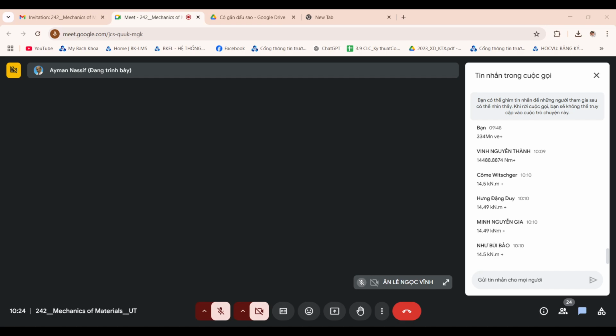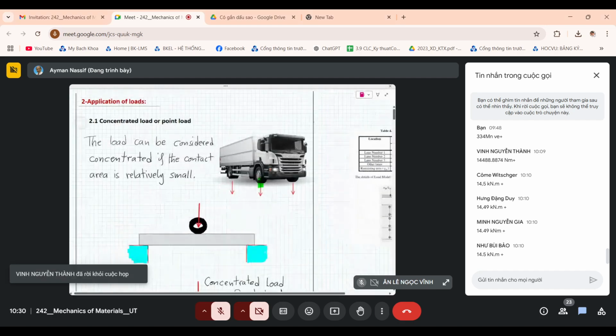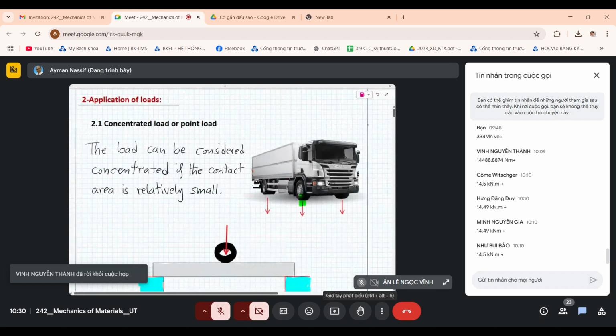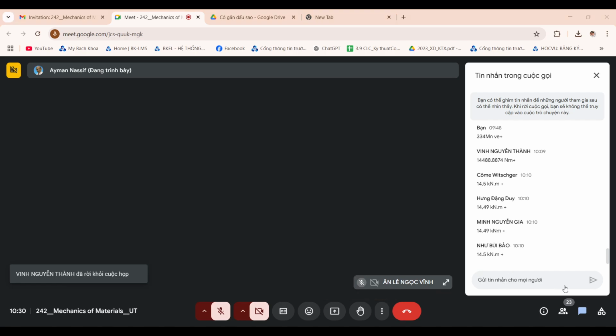And then we will proceed quickly to the application of the load. So that's also very important. Again, it's a very simple idea to look at how the load is applied.